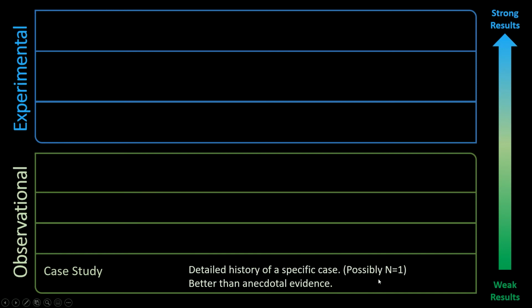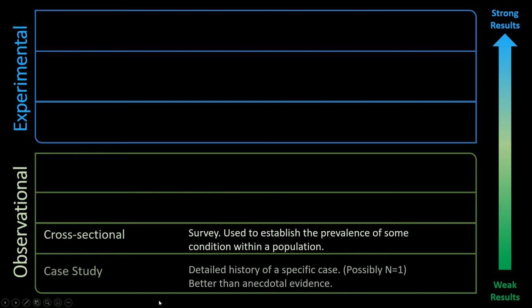But we talked about how low sample sizes are problematic for any kind of study. So this is the lowest sample size possible. Now, it's not necessarily a sample size of 1. You could have a case study where you're tracking one family and following their case all the way through for a while. But it's generally going to be a history of a very specific circumstance.